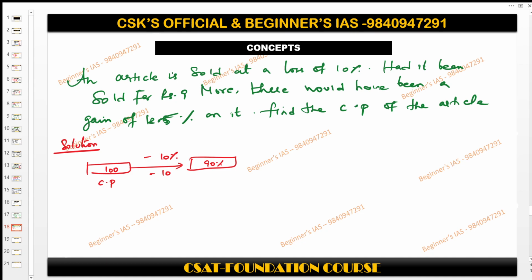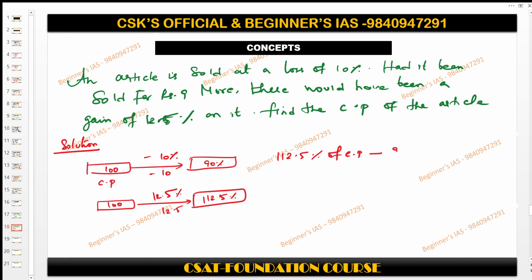Then had it been sold for rupees 9 more, it would be a gain of 12.5%, that is 112.5% of CP. Here the difference has been provided. 112.5% of CP minus 90% of the CP, this difference is nothing but 9. This has been provided.